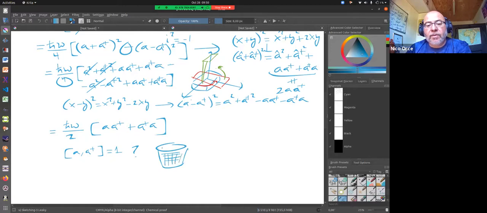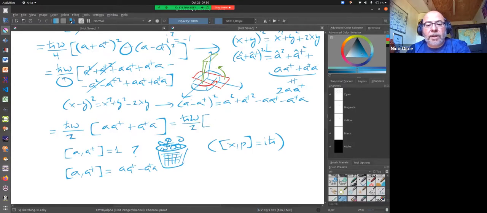This is for the bin full of paper, and I want you to calculate this knowing that xp is equal to i h bar. So you're going to deduce this a a dagger equal to 1, because a a dagger, and this is a key to solve this problem, is equal to a dagger a plus 1. So this thing becomes h bar omega over 2, and we can substitute. We want to substitute for the following reason, because we know that a dagger a is equal to n.